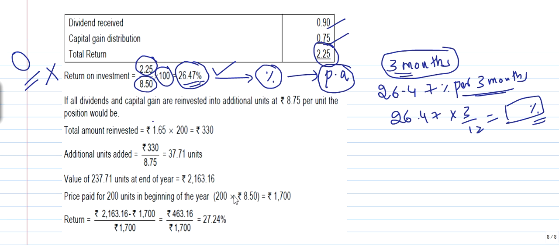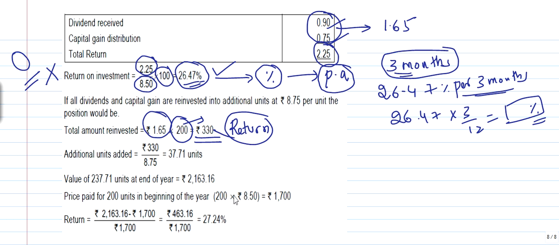So these are the two you get as a distribution: 1.65 into 200 units, your original units, this much you got as a return. So this amount can be reinvested.